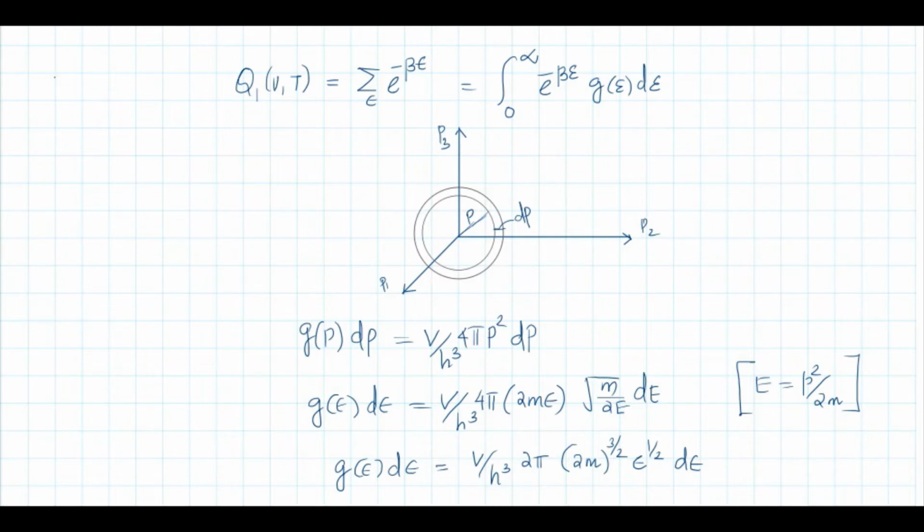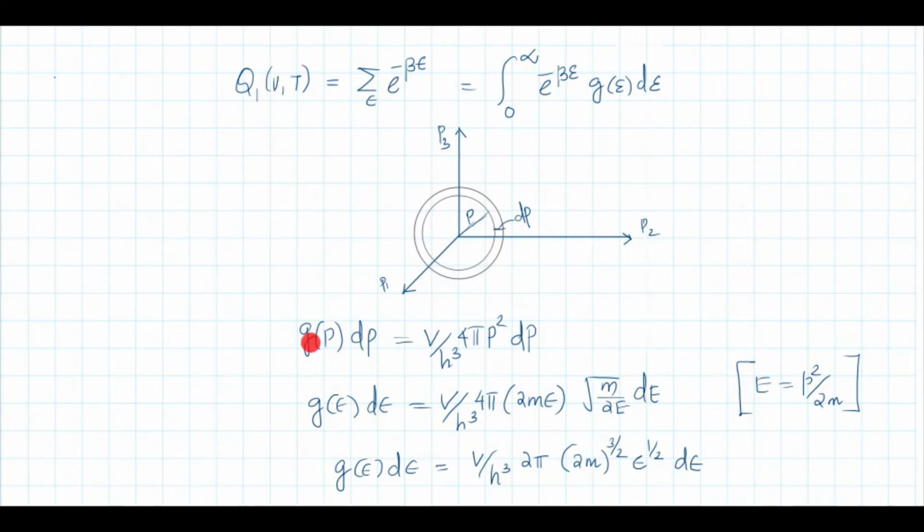Then integral 0 to infinity e raised to minus beta epsilon into g of epsilon d epsilon. This g of epsilon d epsilon is the degeneracy, that is, the number of states having energy between epsilon and epsilon plus d epsilon. That is known as degeneracy. Now I will calculate the degeneracy in terms of momentum.